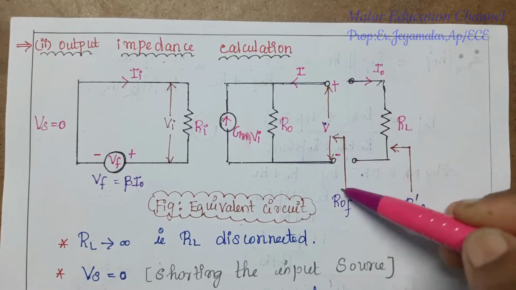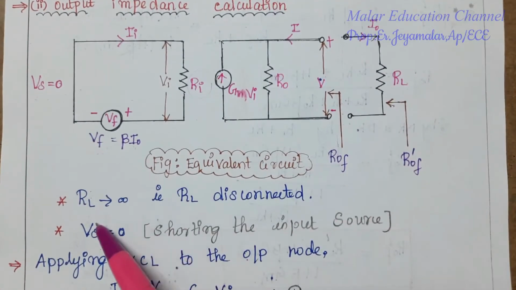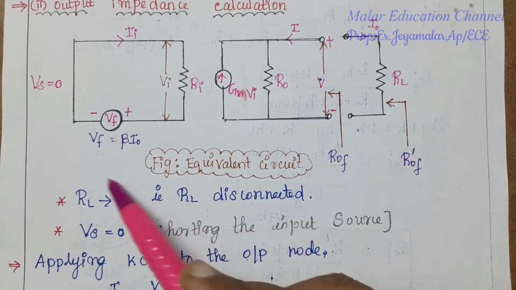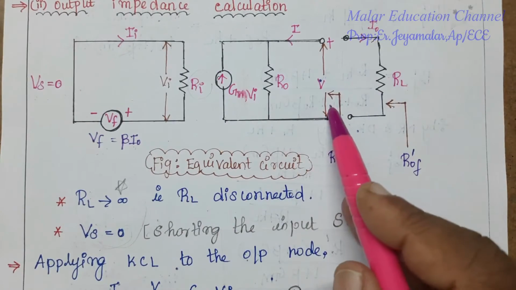That's the reason for this diagram. There are two steps: RL tends to infinity means RL is disconnected, and in the input section Vs equal to 0 for short circuit of the input source. These two steps are very important for the output calculation of any network.